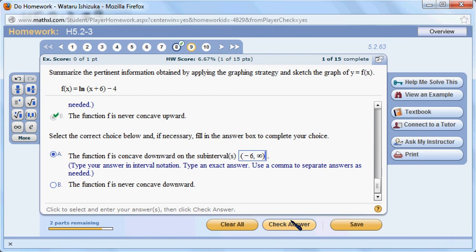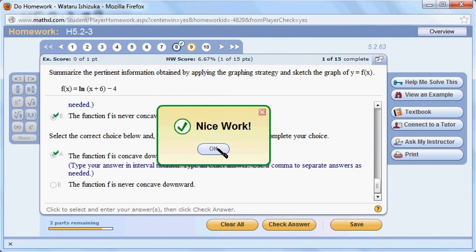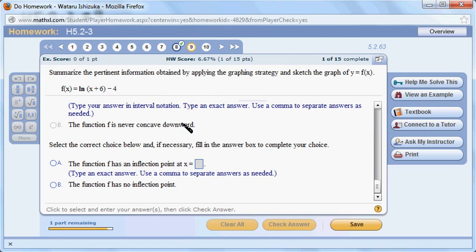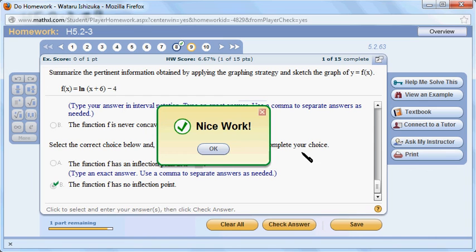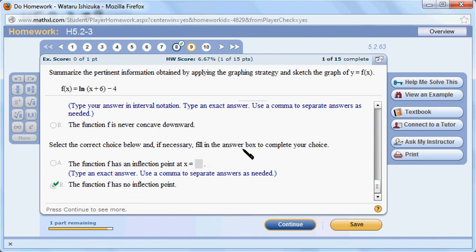The function has an inflection point? Since it's always concave down, there's no inflection point. Got that.